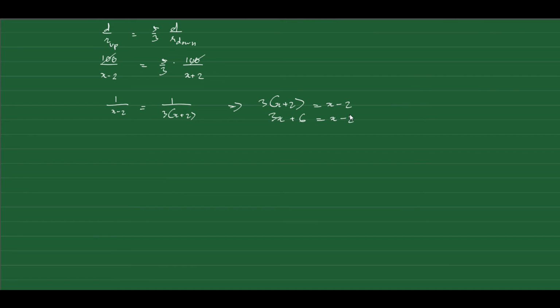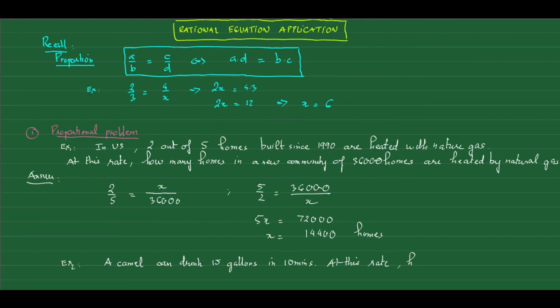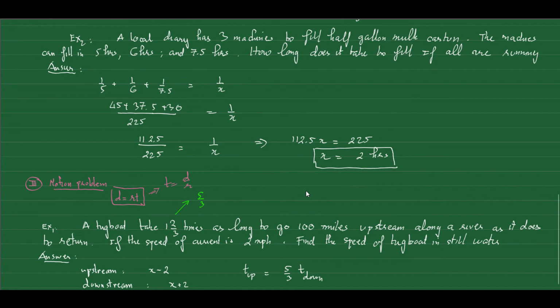Still water. Because over here I have a negative answer. So upstream is x minus 2, let me see if I set it up right or not. Everything's good. Downstream x plus 2.